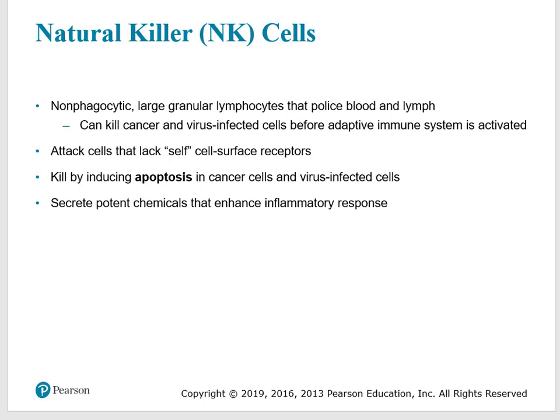Natural killer cells are non-phagocytic cells, but they also kill antigenic cells through apoptosis. What they do is identify the antigen with the help of a receptor, because the antigenic cells lack the self receptors that other cells have in our body.